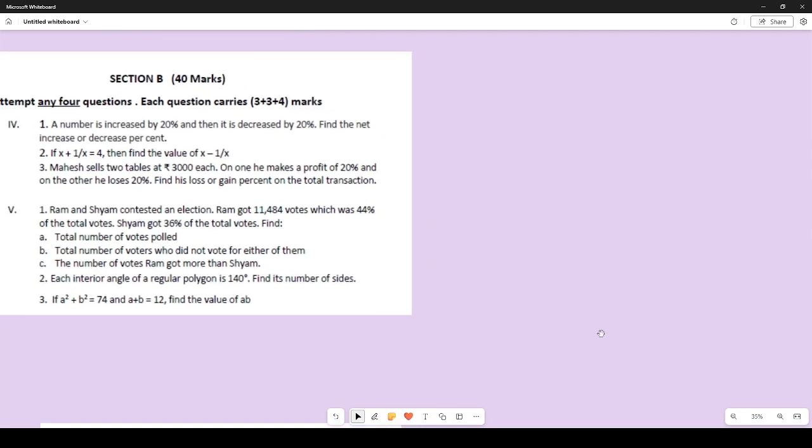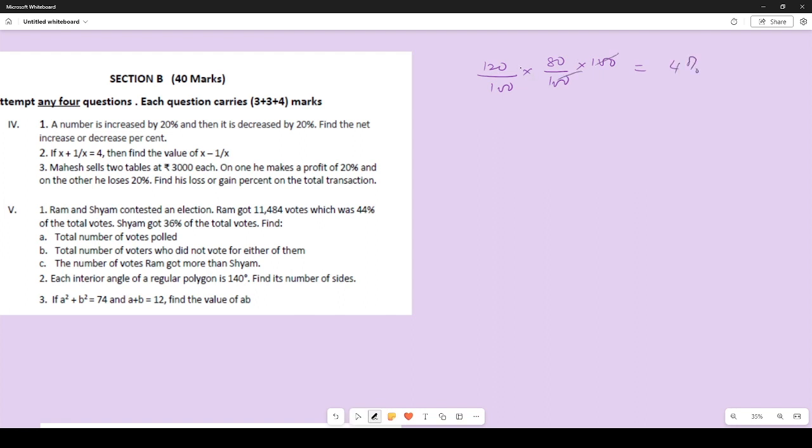A number is increased by 120 and then decreased by 20%. So this is 120 by 100, it becomes, and then it becomes 80, and then you find it. When you do the calculations, you come up with 4%, right?